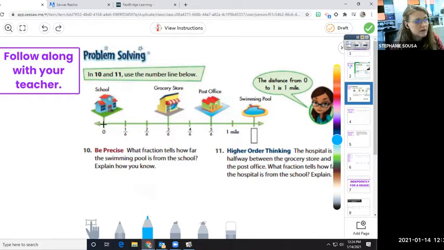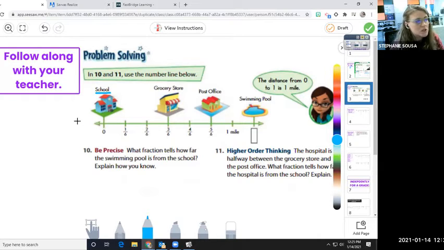It looks like 0 is where we start, and we start at school. At 3-6 is a grocery store. At 5-6 is a post office. Then we have 1 whole mile. And after 1 mile is the swimming pool. So the swimming pool is more than 1 mile from the school.